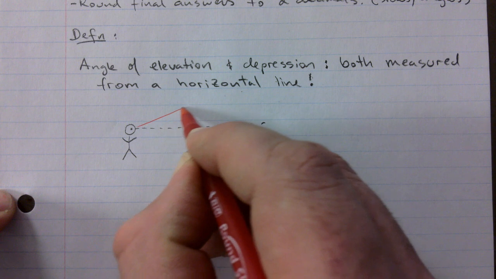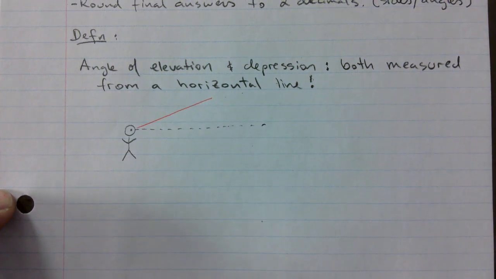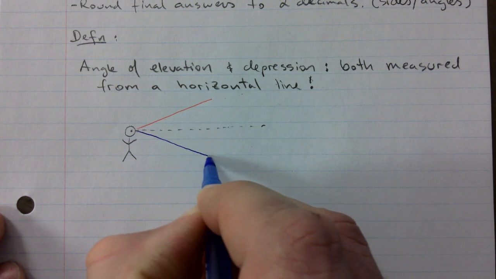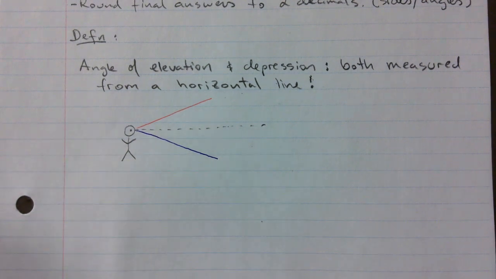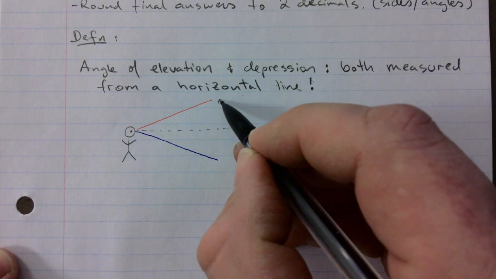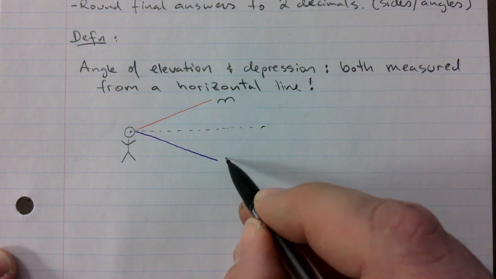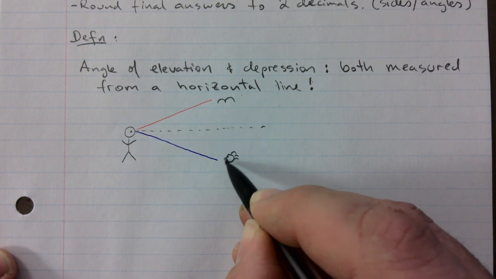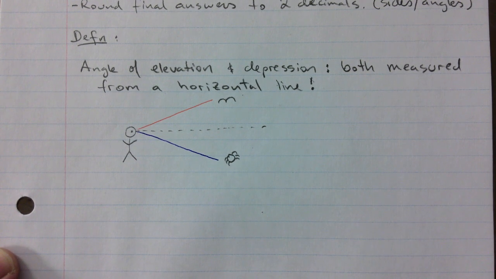So that's going up would be your angle of elevation. Going down would be your angle of depression. So up here we'll just draw a bird, and down here we'll have an insect of some sort. Okay.